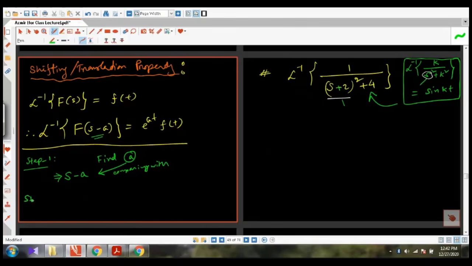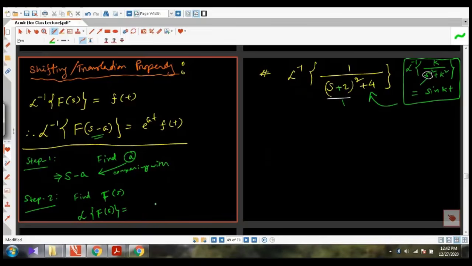In step 2, try to find the function capital F(s), not F(s minus a). Once you have F(s), find the inverse Laplace of F(s).